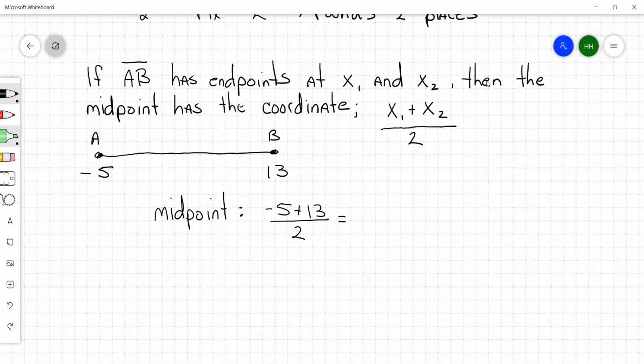So that's negative 5 plus 13 equals 8, divided by 2, and that's equal to 4. So the midpoint of these 2 points would be at 4 on the number line.